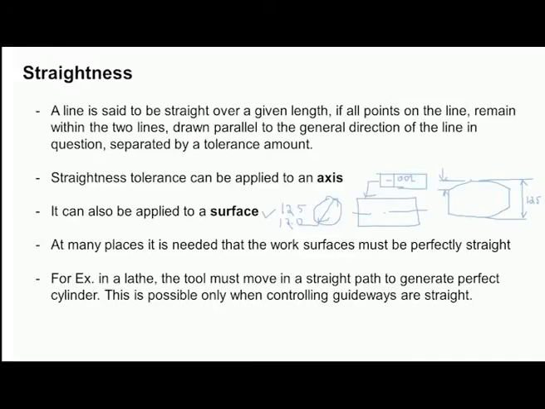Now, this is the tolerance on the size of the component, and this is the tolerance on the feature, that is straightness. So, this variation can be up to 0.02 millimeter, and similarly here it can be up to 0.02 millimeter.